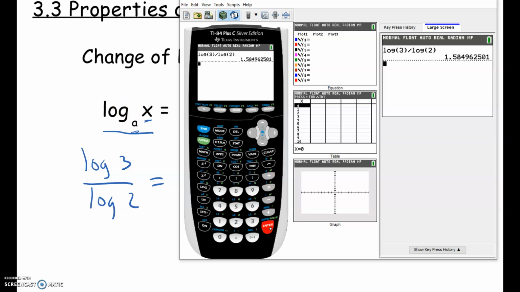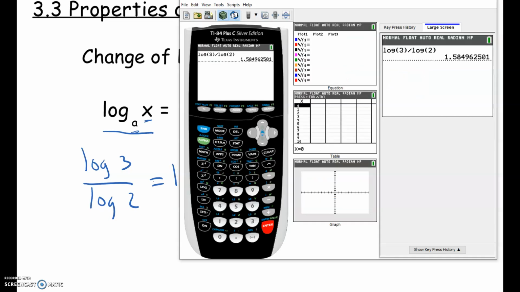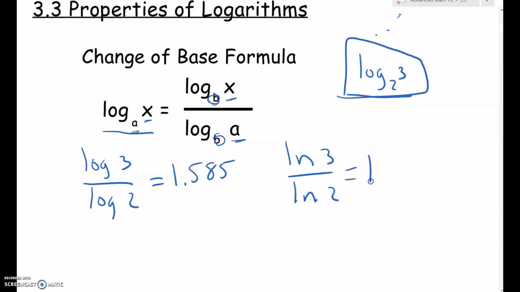So that was 1.584 or 1.585, I guess. 1.585. Now, we can do the same thing with the ln. So we could say ln of 3 divided by ln of 2 and get our answer. All right. So it's the exact same answer. So this is now a way that we can answer this question or any logarithm question.